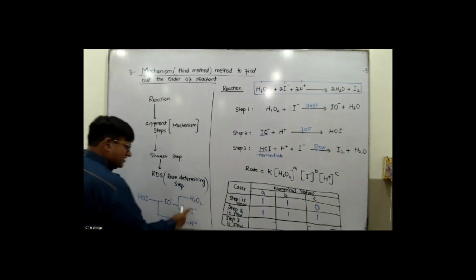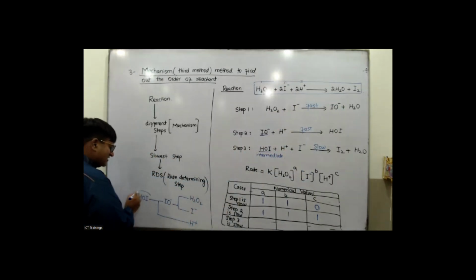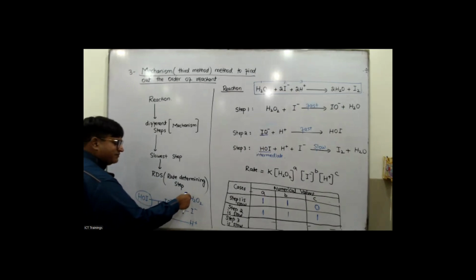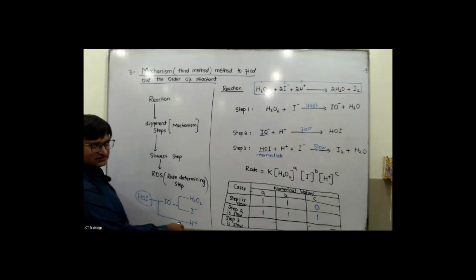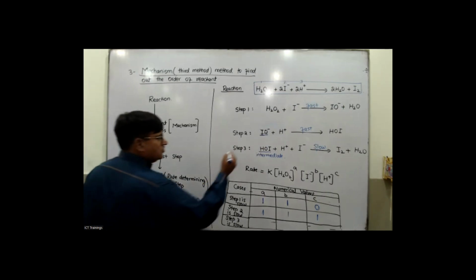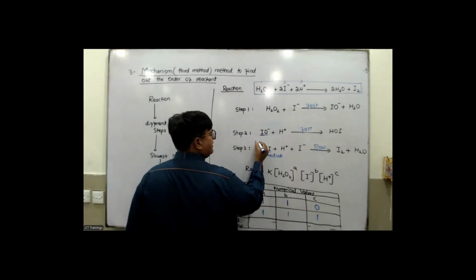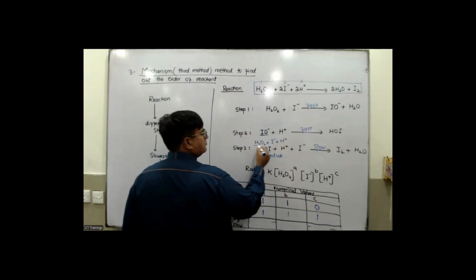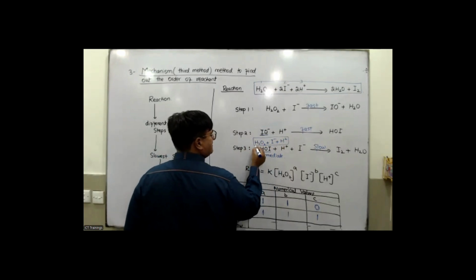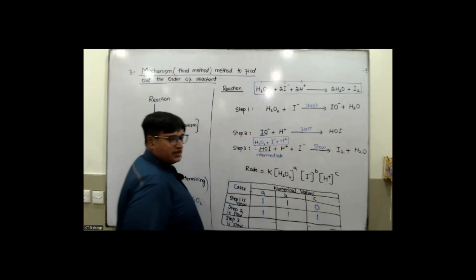So HOI represents one mole of each reactant. Did you get my point? This HOI represents H2O2, I minus, and H positive. So this whole thing is represented by this HOI.